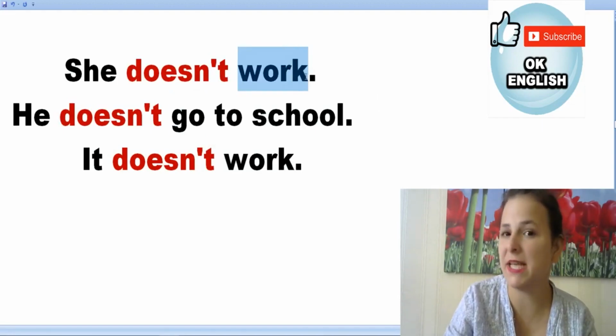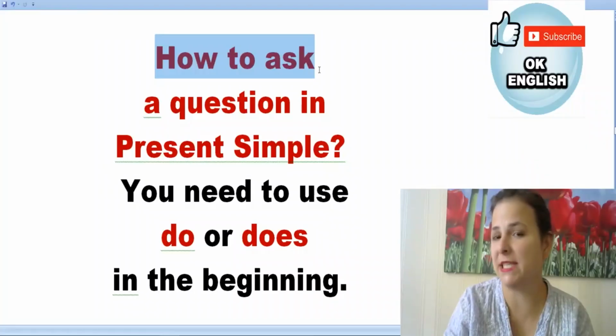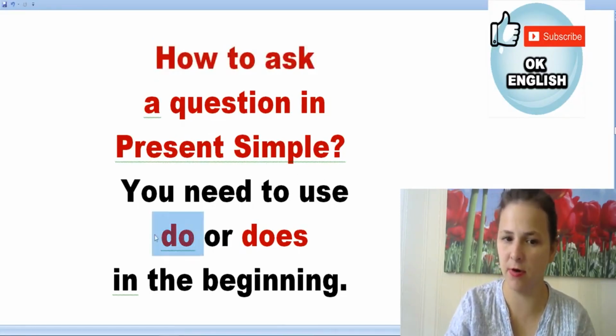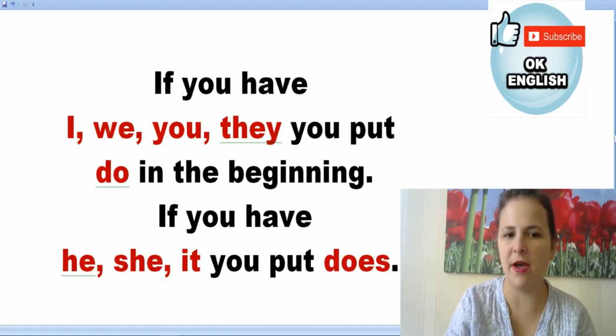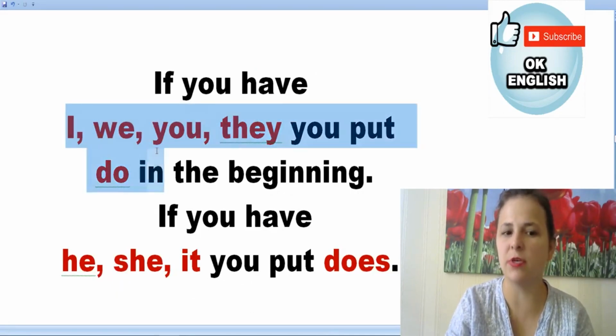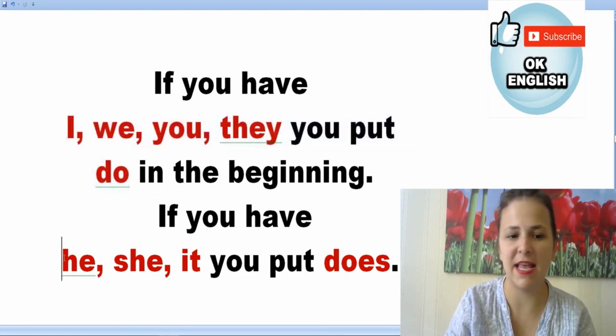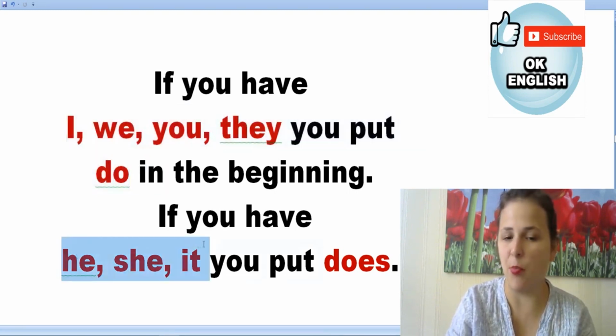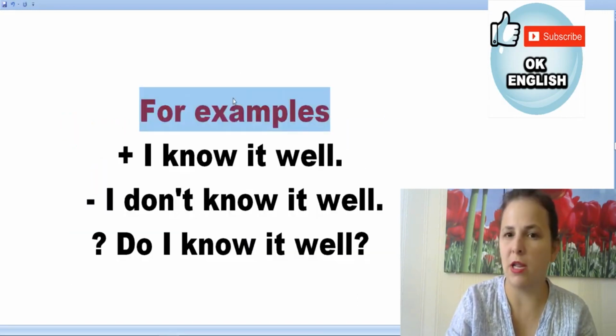How to ask a question in present simple. You need to use do or does in the beginning. If you have I, we, you, they, you put do in the beginning. If you have he, she, it, you put does. For examples, I know it well.